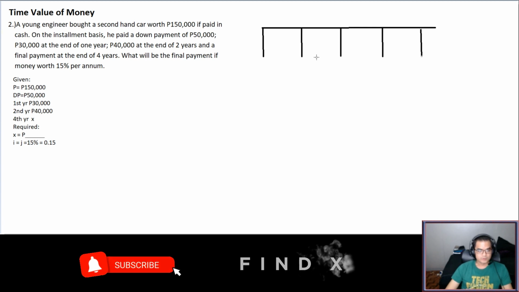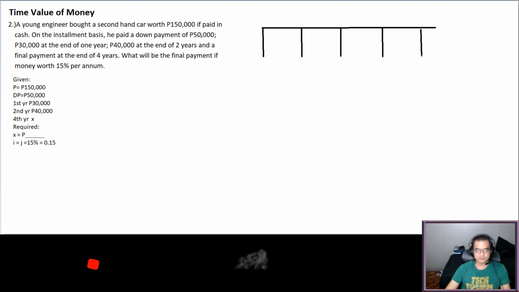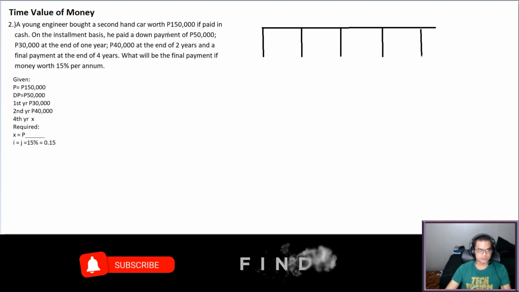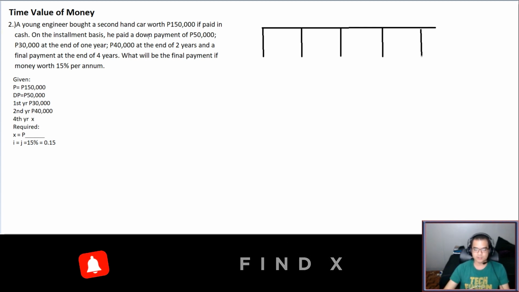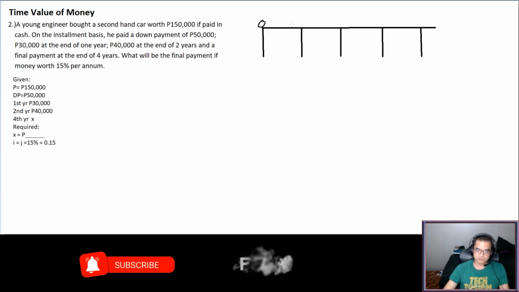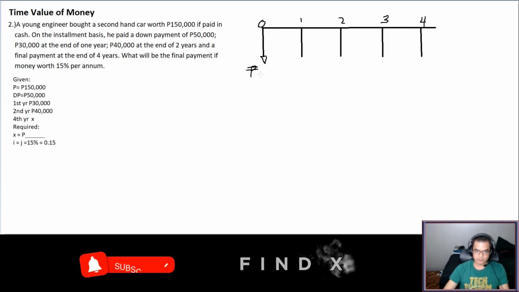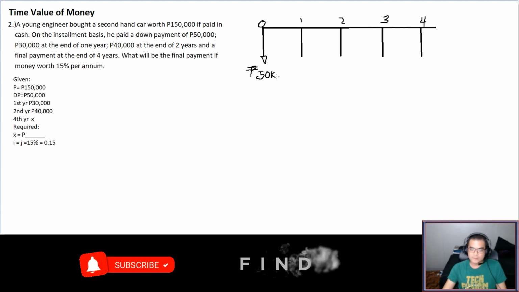We have a down payment of 50,000, and the down payment is paid at the present time, at year zero. I think it's alright if I just put 50K for simplicity.